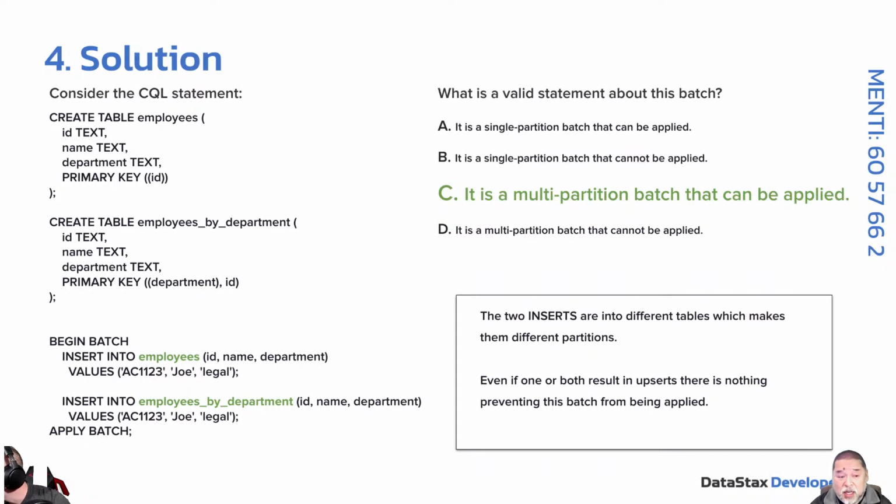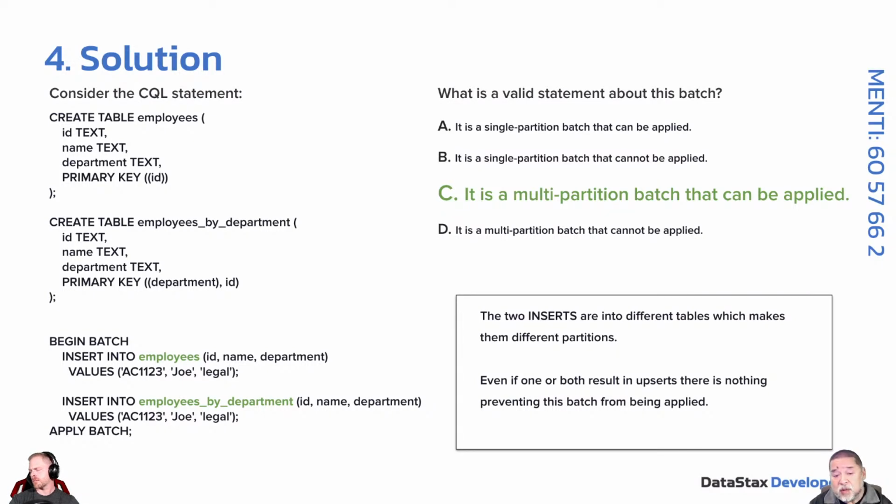You don't see that in the relational world. So as David said, the purpose of the batch here is to make sure that these two denormalized tables that have the same data in them are kept up to date with one another. So we create a batch, we insert in the employees table Joe with his ID and department, and we insert the same data, the same employee really, into the employees by department table.